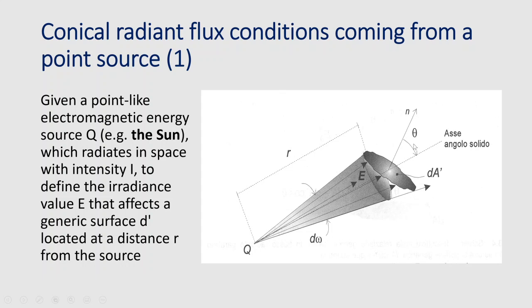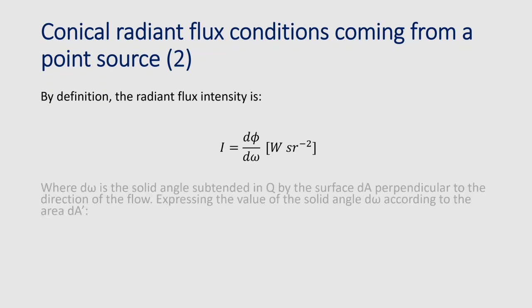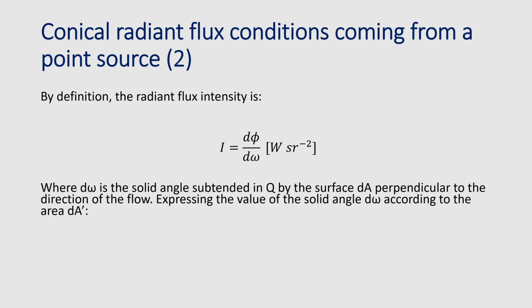We can calculate the quantities in these terms, because by definition the radiant flux intensity is again this one, in which I is the ratio between the phi and the omega, and the omega is the solid angle subtended in Q by the surface dA perpendicular to the direction of the flux.